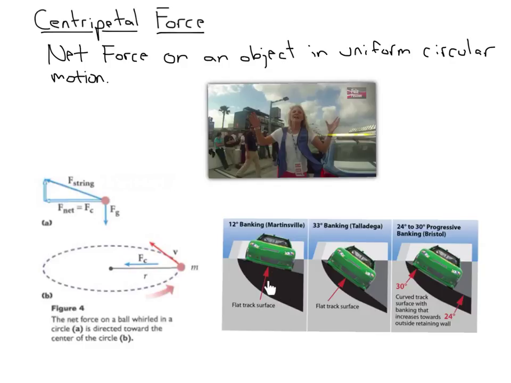The reason race car tracks are banked is because these cars are going at such high speeds that if the road were flat, there wouldn't be enough friction. So they bank the road to increase the amount of friction, increasing the amount of centripetal force. And we can see this here. Different race car tracks, like Martinsville, has only a 12-degree angle versus Talladega, which has a 33-degree angle.